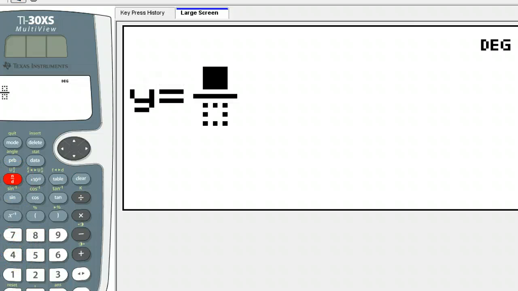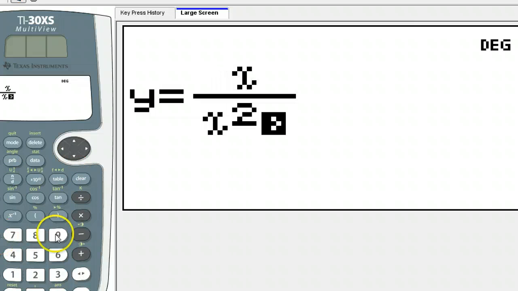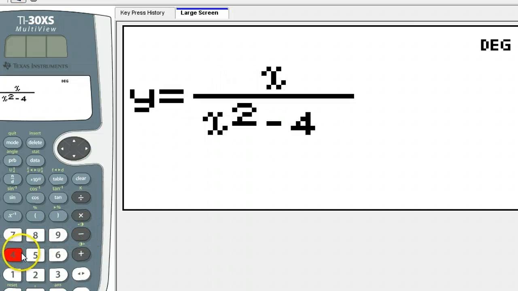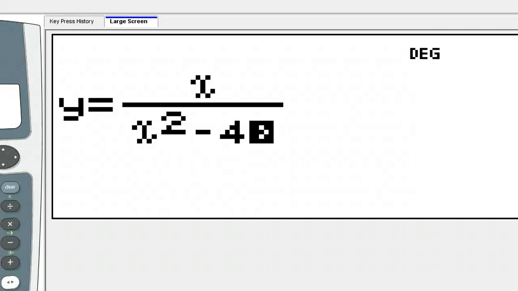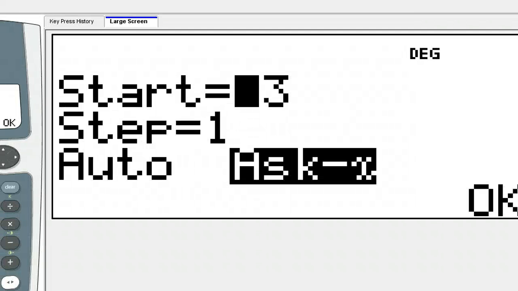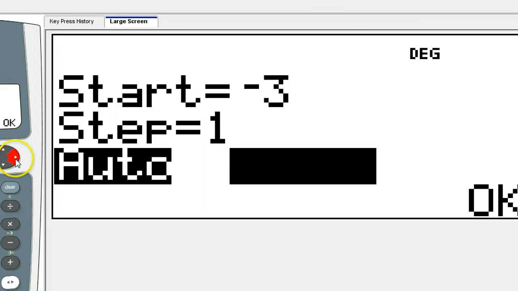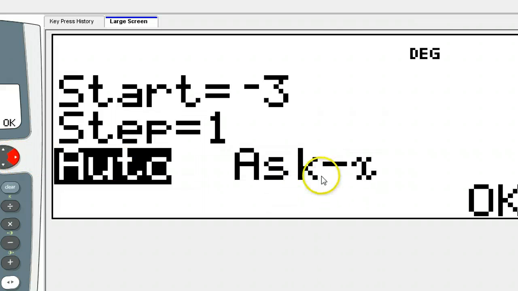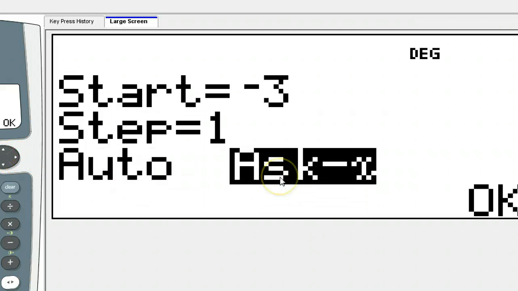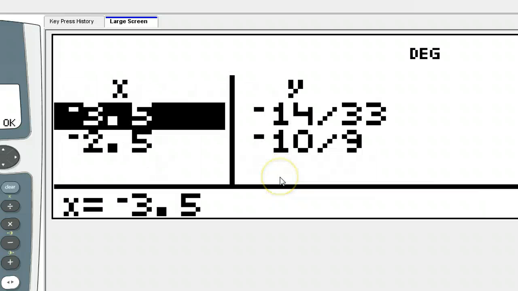So I'm going to enter x over x squared minus 4 and see what happens. Because I have different values I want to look at, I'll just use ask x right from the start, which allows me to put in whatever value I want.